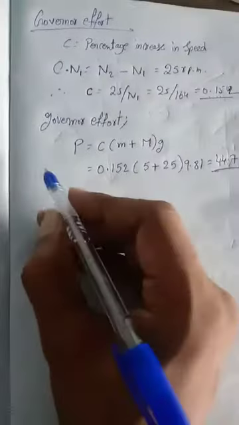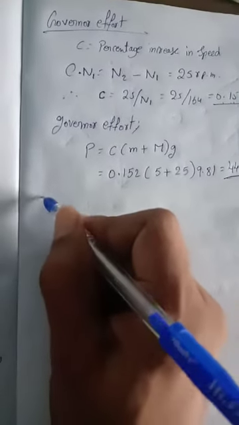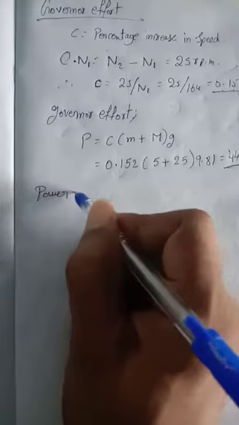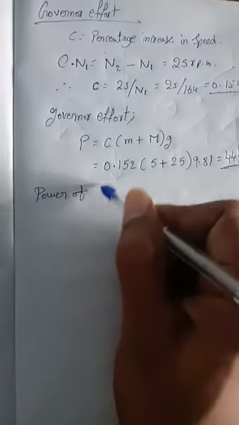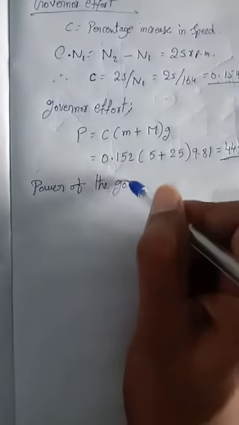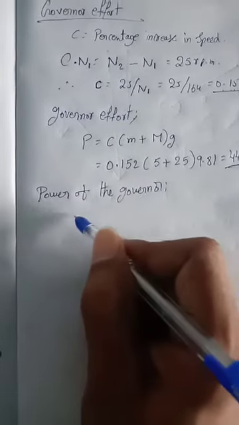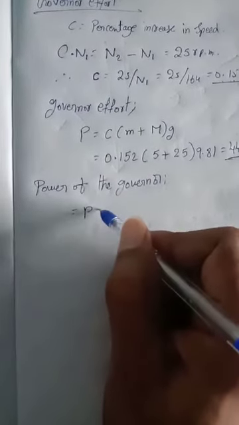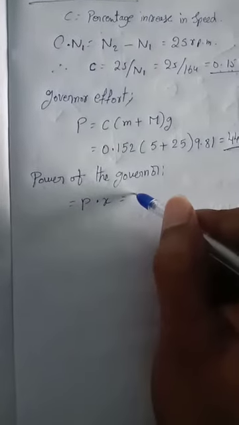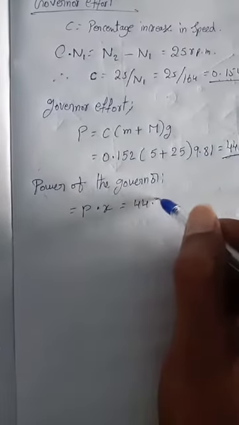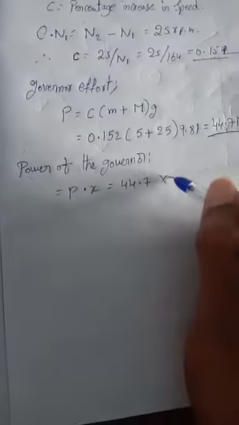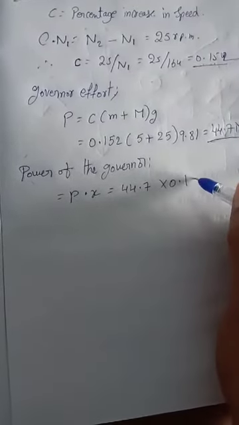Now the power of the governor is P into X, that is equal to 44.7 into 0.1.